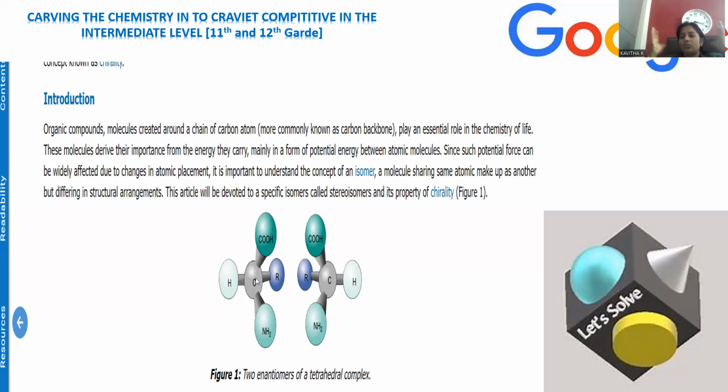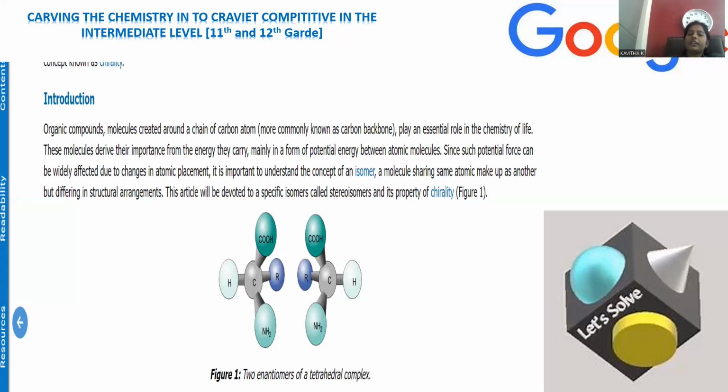Just like your two palms: if you want to superimpose one palm upon another, both are non-superimposable. When you observe your two palms, one is the mirror reflection of the other palm. If you put a mirror there, the mirror image is your right-hand palm.